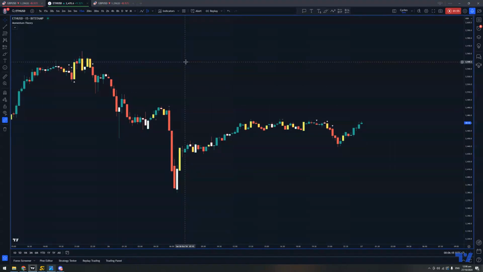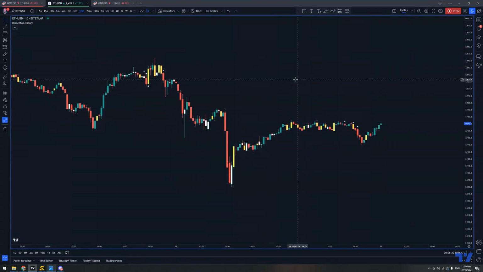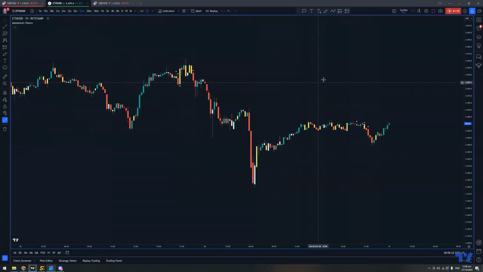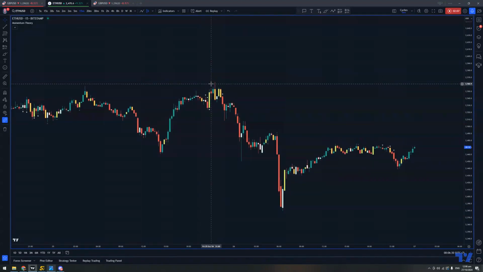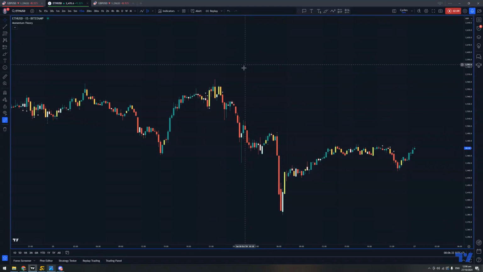I'm not sure if you can see, but there's a different shade of these backgrounds. There's a lighter shade, and these are just when two markets are open at the same time. For me, I trade momentum, and with momentum, I always need lots of volume. The highest probability of lots of volume is when two markets are open at the same time.